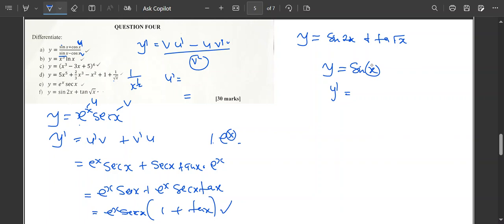So dy dx of this angle x is 1. Then differentiate the trig function, which will give us cos x. So that's how it comes about. You differentiate the angle, then you differentiate the trig. That's what we'll be doing.